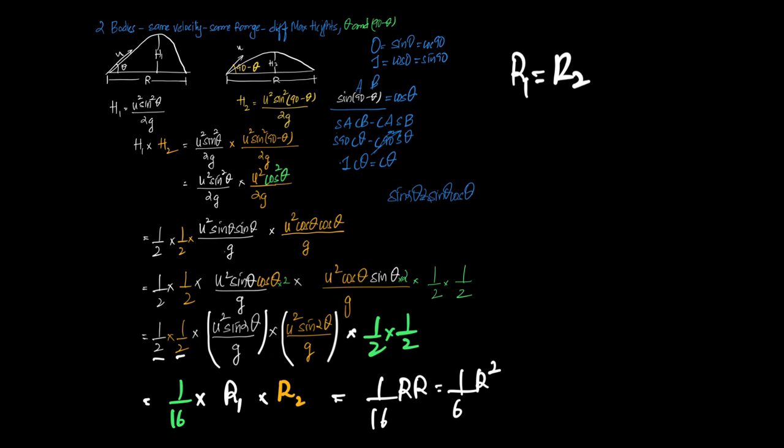Now, what is the LHS? The LHS is h1 into h2. So we have got h1 into h2 is equal to 1 by 16 r square.